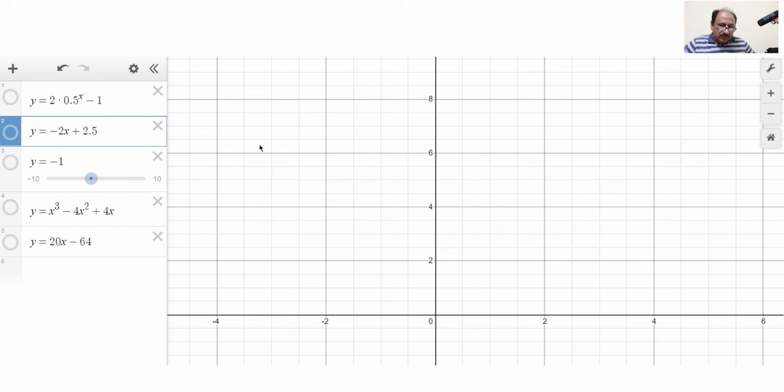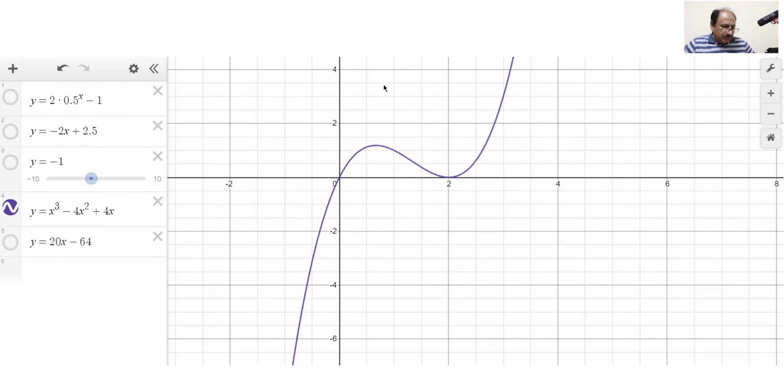Now we will write the equation, which is basically the cubic equation, x cubed minus 4x squared plus 4x, and this is the graph which you will get. And in this graph, you can see this is an x-intercept, which is 2, 0.